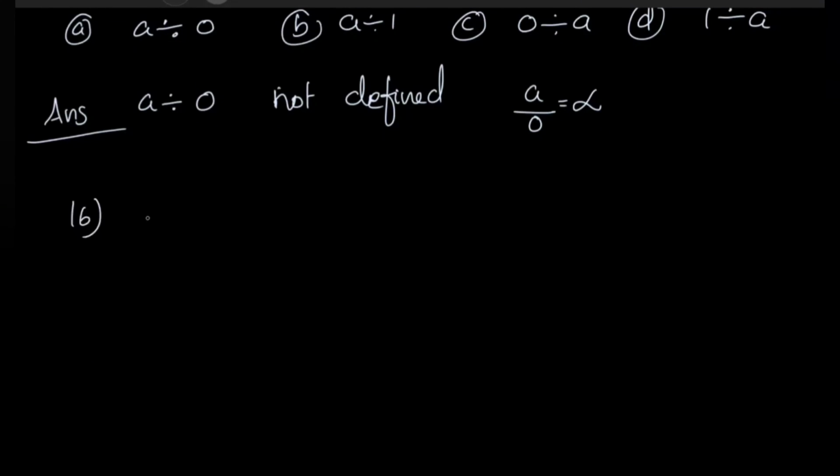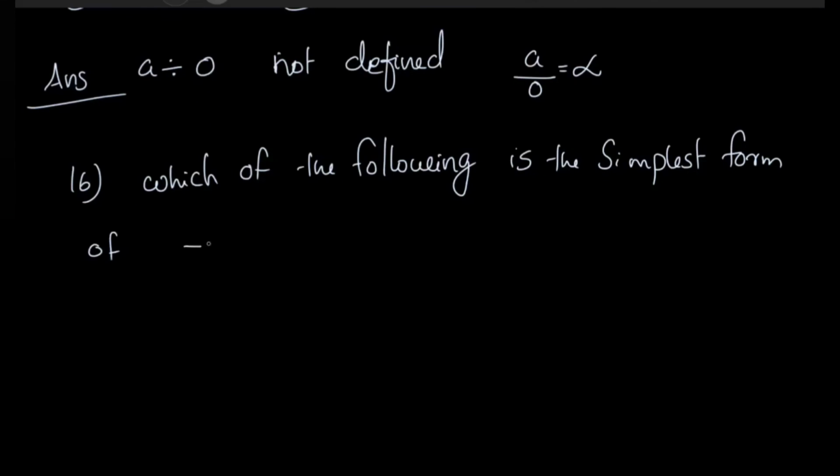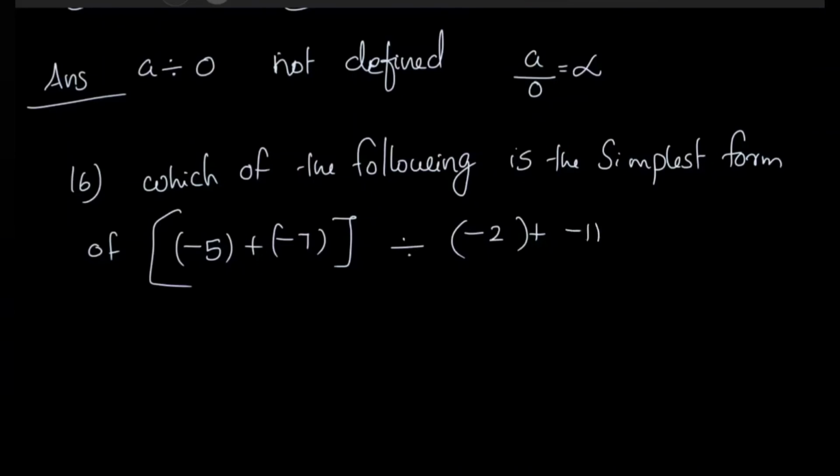Next, our 16th question is: which of the following is the simplest form of (-5 plus -7) divided by (-2 plus -1)?